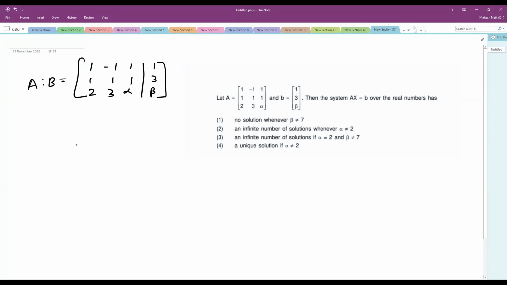To talk about the solution or consistency, we'll have to get down to the row echelon form. So let's do the operation R2 goes to R2 minus R1, which would give us 0, 2, 0, 2, 3 alpha, 2 beta, and 1, -1, 1.